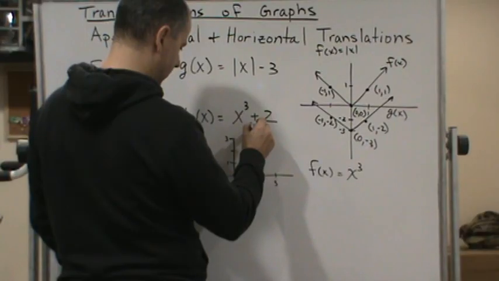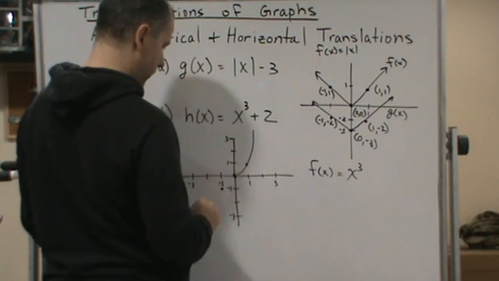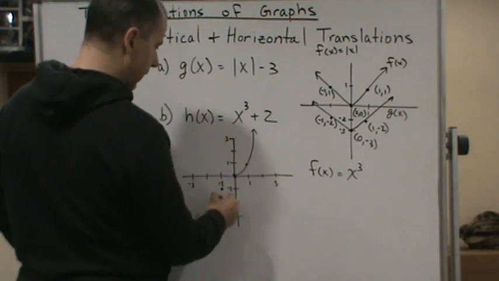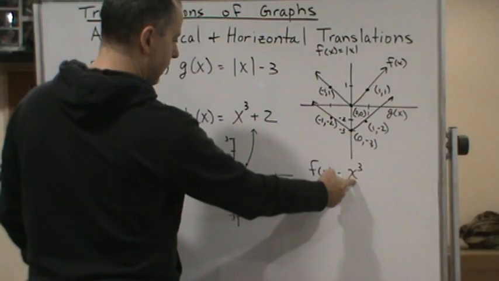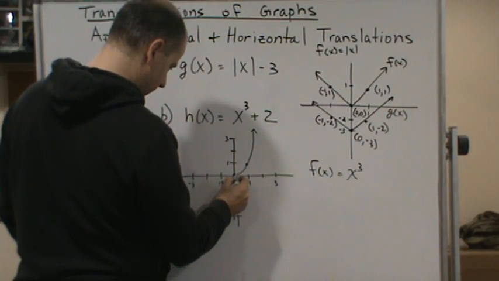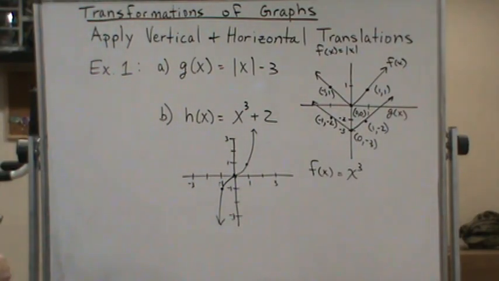So that's going to be way up here. So let's just do something like that, because that's going to be off our graph. And then when x is negative 2, f of x is going to be negative 8. So it's going to do something like that. Okay?